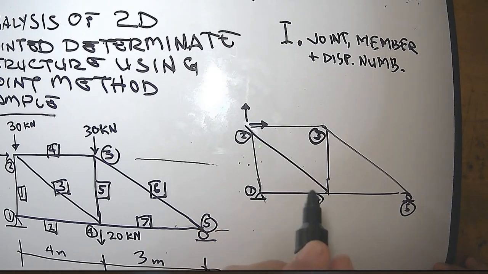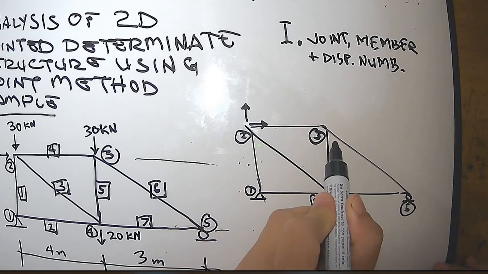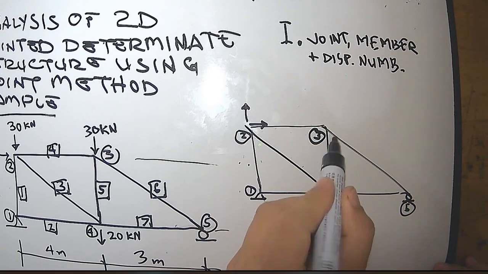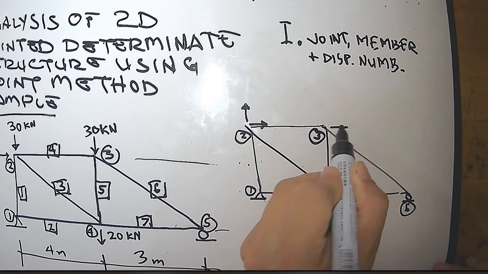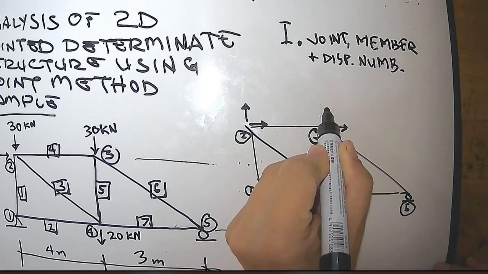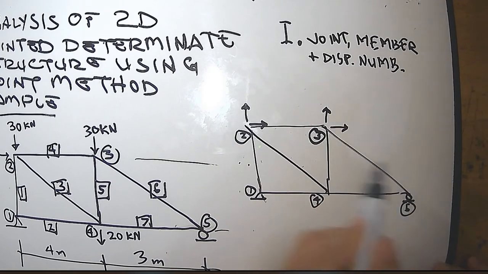Okay? So, let's take number 3. So again, walang support sa number 3. So it is free to move along horizontal and vertical. So positive X and positive Y. Ganon din sa next node.